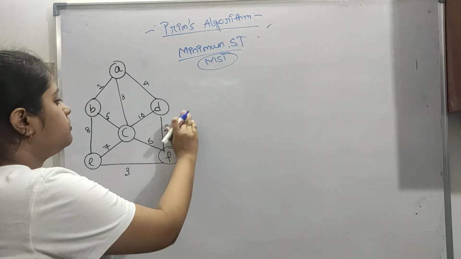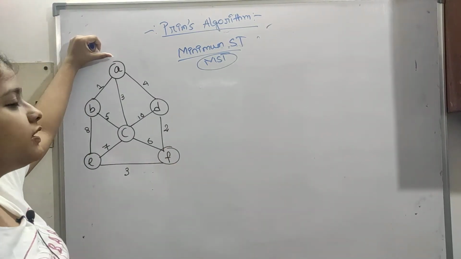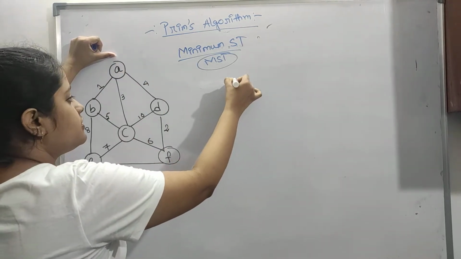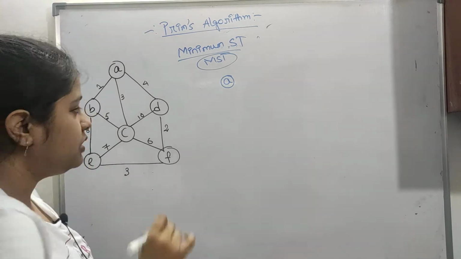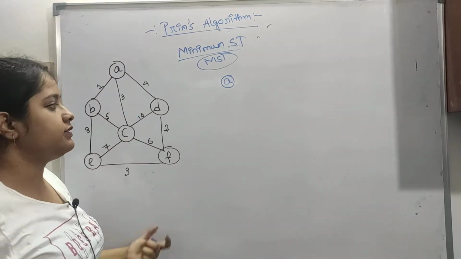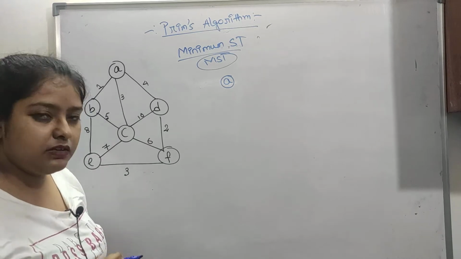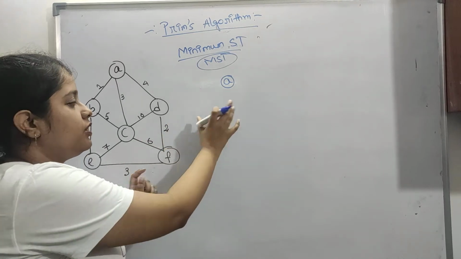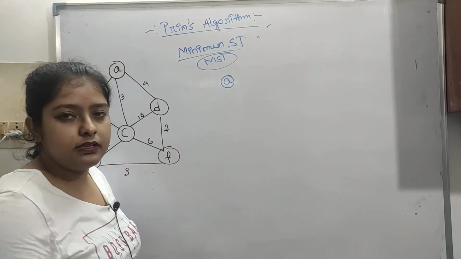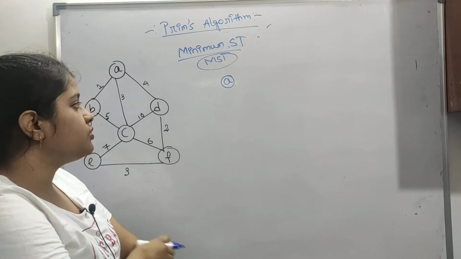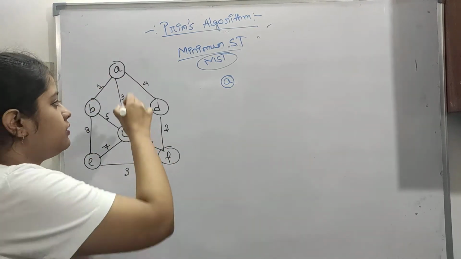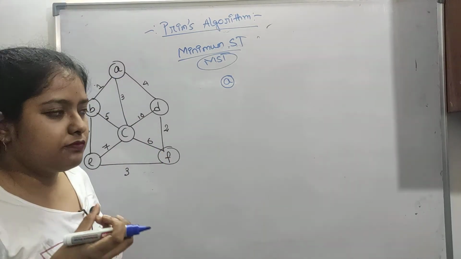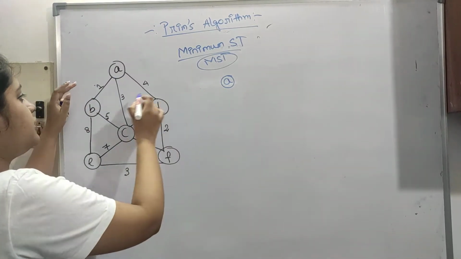So let's say we take this vertex A, an arbitrary vertex. In the exam you can do it in just one diagram by putting dots on the single graph, since we will have a time crunch, but since we are doing it for the first time, I am making another graph here.